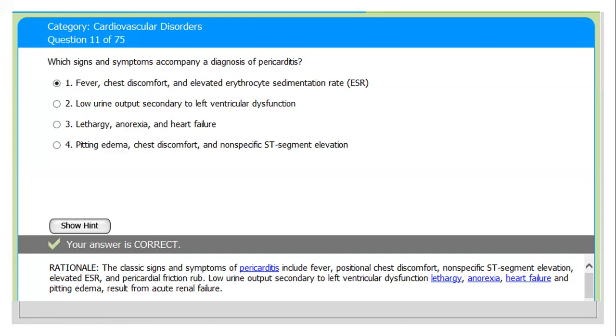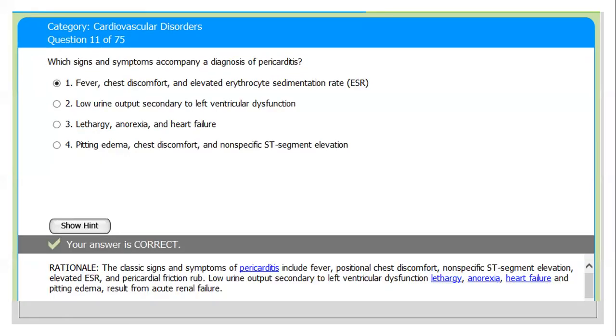For treatment, mild cases resolve on their own. Severe cases may be treated using medication or surgical management.